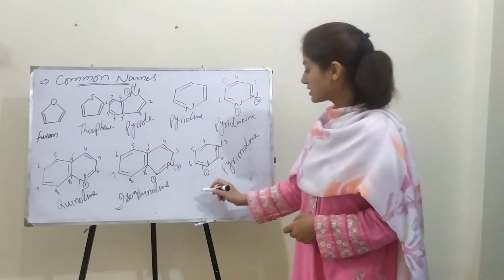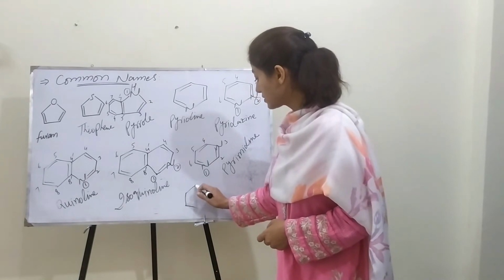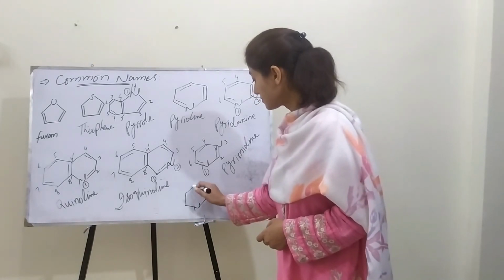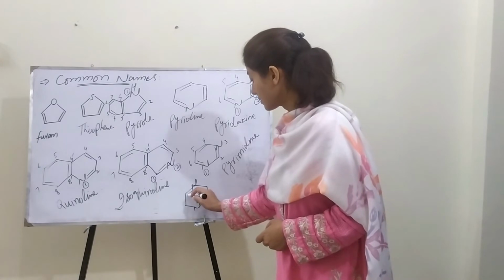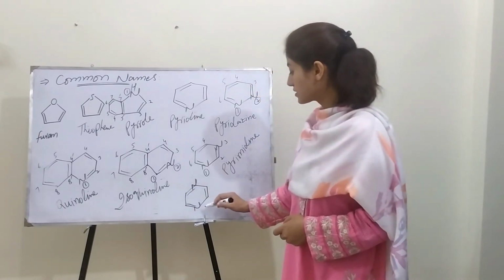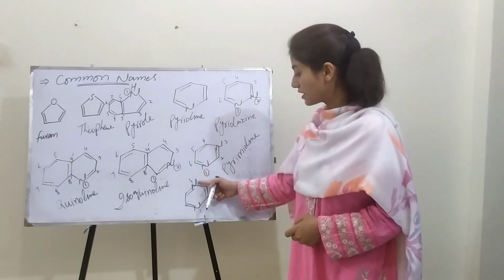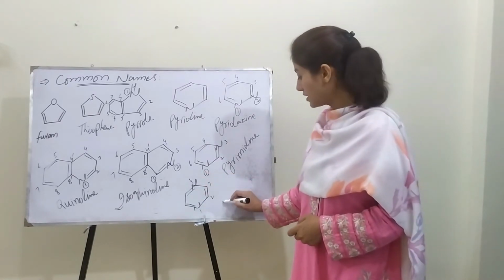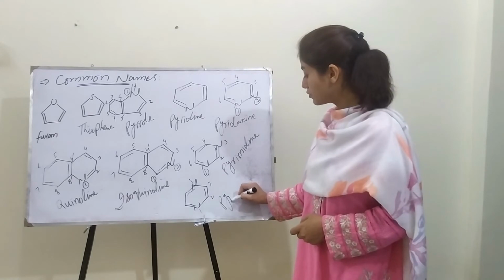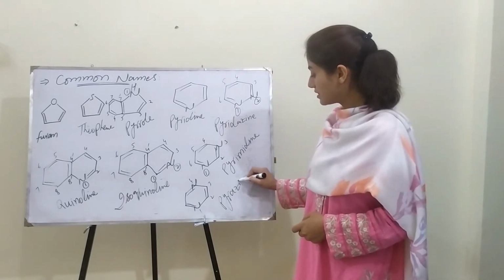And if the nitrogens are at 1 and 4 positions, then the name of this compound would be pyrazine.